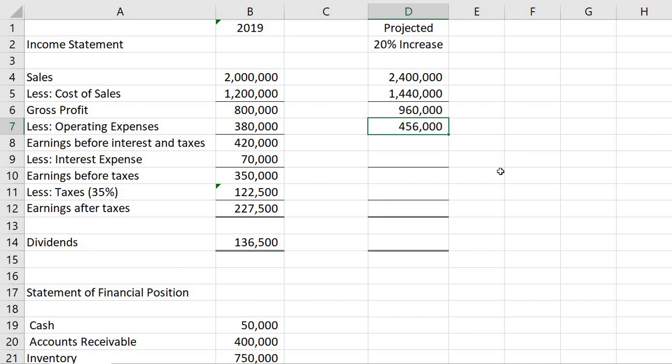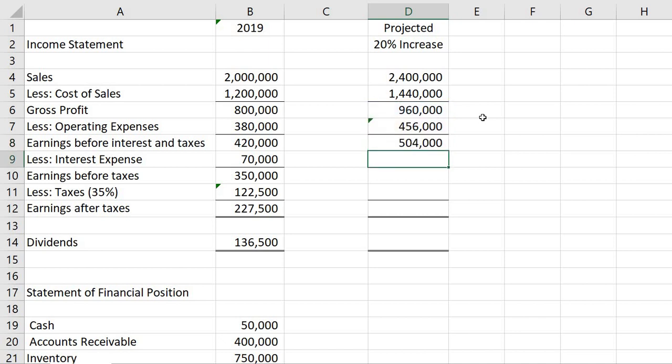Again, there's another way to compute it to make it easier: your 380,000, you simply multiply by 120%. You will arrive at the same amount, which is 456,000. To compute your earnings before interest and taxes, you simply deduct your operating expenses from your gross profit. So, this is 960,000 minus 456,000.